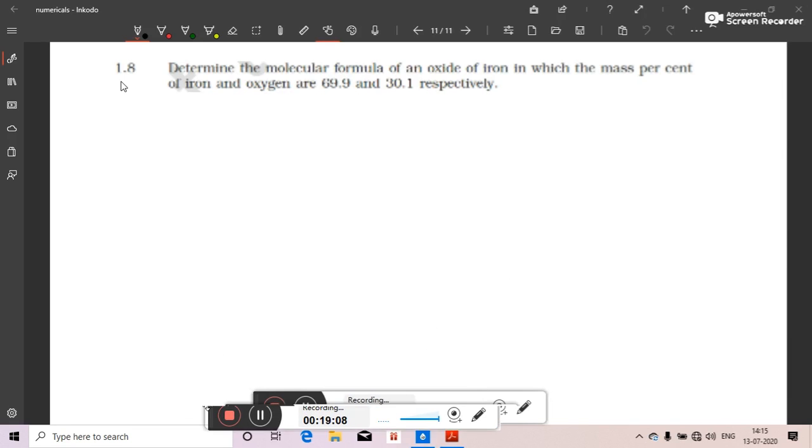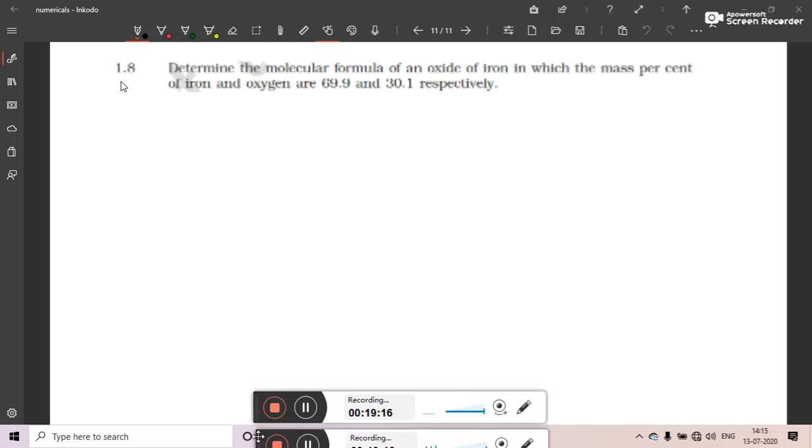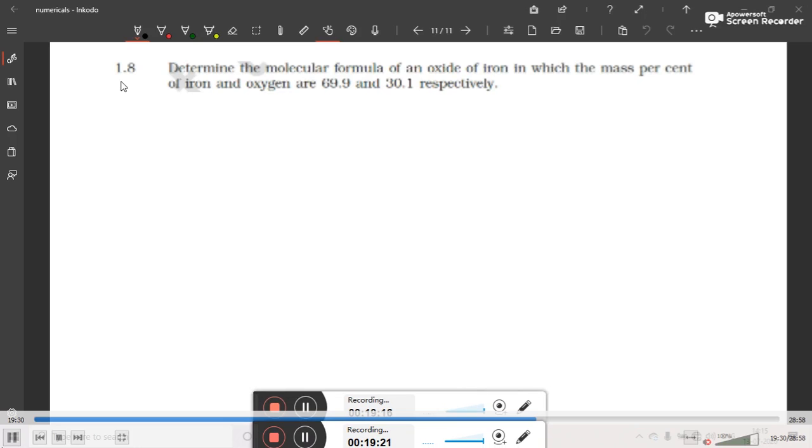Question 1.8 of the exercise. Determine the molecular formula of an oxide of iron in which the mass percentage of iron and oxygen are 69.9 and 30.1 respectively.